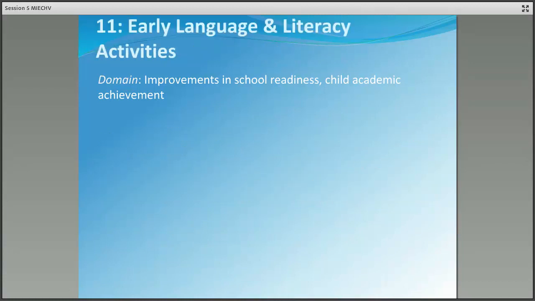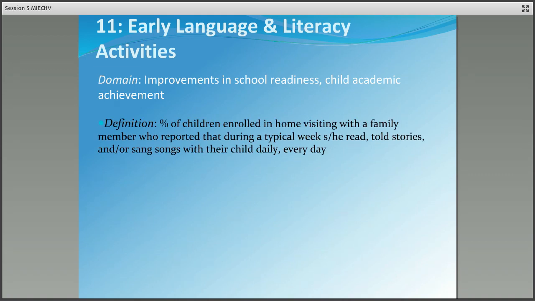Number 11, and we're getting close. We're getting close to the end of it. Early language and literacy activities. This is the percentage of children enrolled in home visiting with a family member who reported that during a typical week, she or he read, told stories, or sang songs with their child daily, every day.